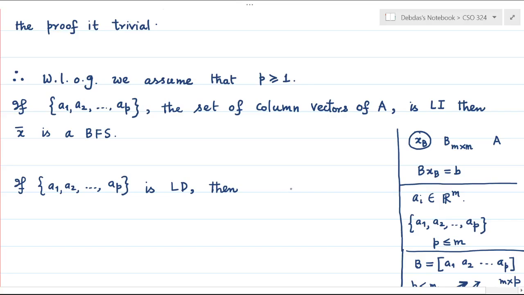If this is linearly dependent, then obviously by the definition of linear dependence of a set of vectors, there exist scalars lambda 1, lambda 2, lambda p, not all zeros.